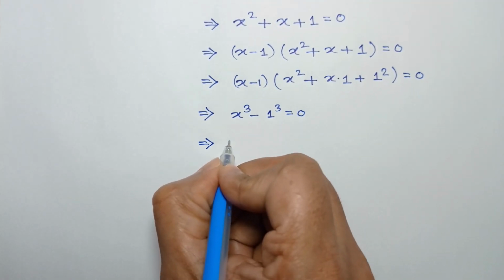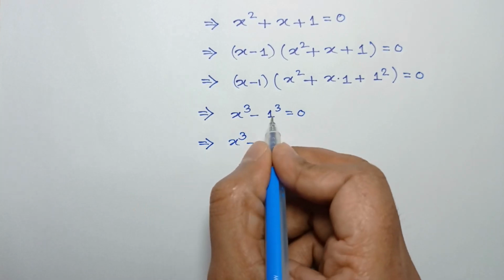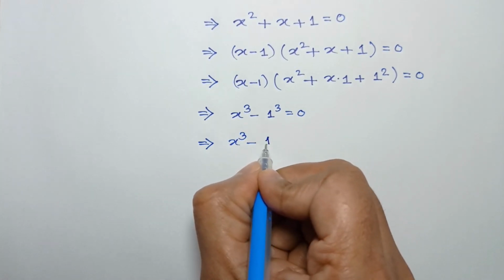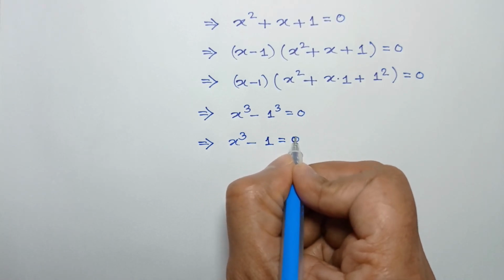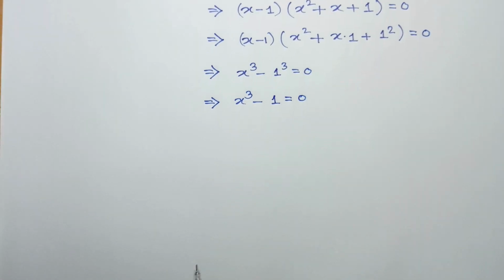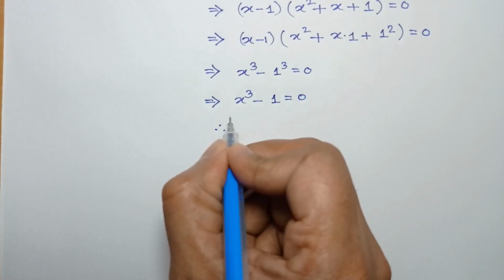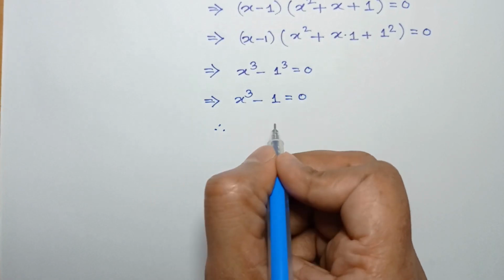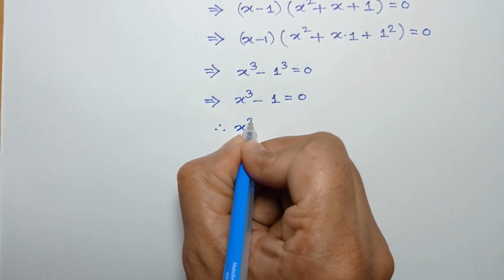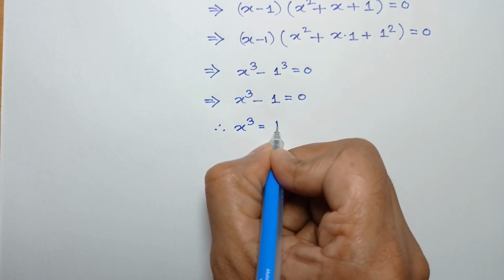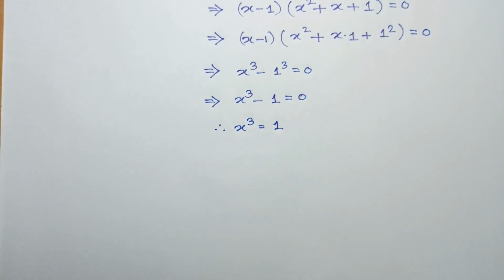Or x cube minus 1 cube is 1, is equal to 0. So taking this negative 1 to the right side, we will get x cube is equal to 1.